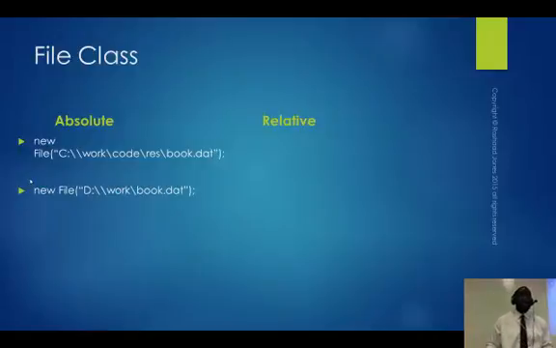Let's say you deliver this program to your clients. Now let's say they don't use a C drive or a D drive. Let's say they use a different letter system. You're going to find they'll have errors in their code, or your program won't work correctly because they can't find that file. What you're doing is requiring the user to have book.dat in this same location on their computer. And that's very difficult to do, especially if you have a wide range of clients.